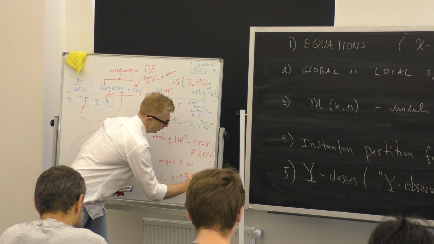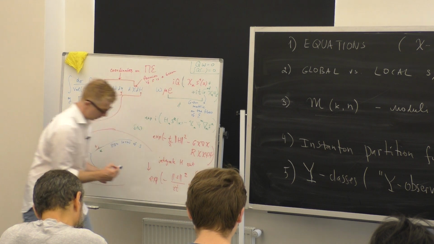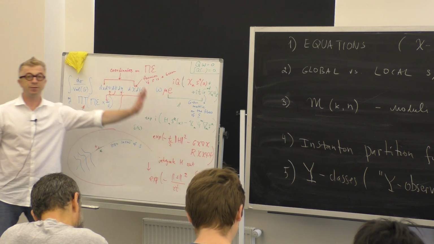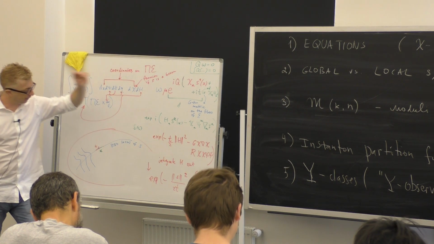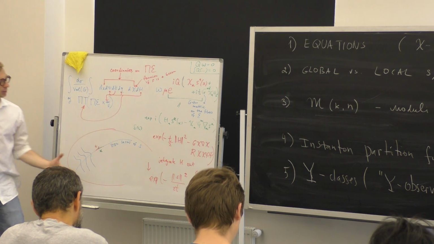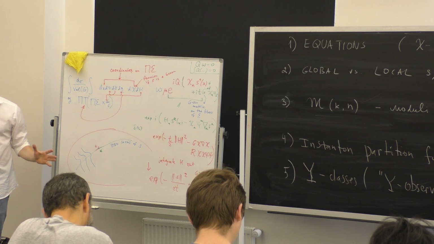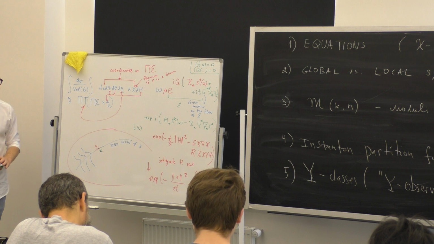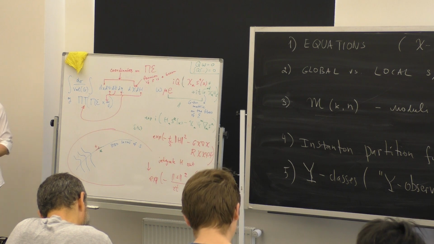So if you send T to infinity, the first application of that is the usual identity which expresses the Euler class of a bundle.